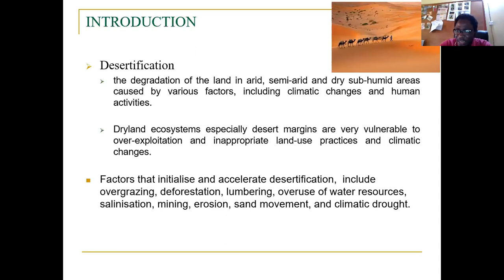Factors that are either based on natural processes like the influence of climate change, and sometimes anthropogenic activities like overgrazing, deforestation, overuse of water resources, salinization, mining, sand movement, etc. These are all some of the things that either initiate or accelerate desertification.